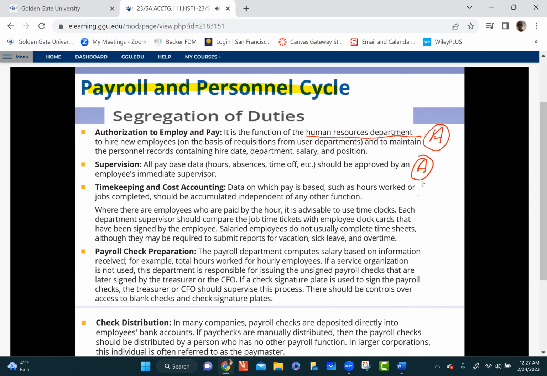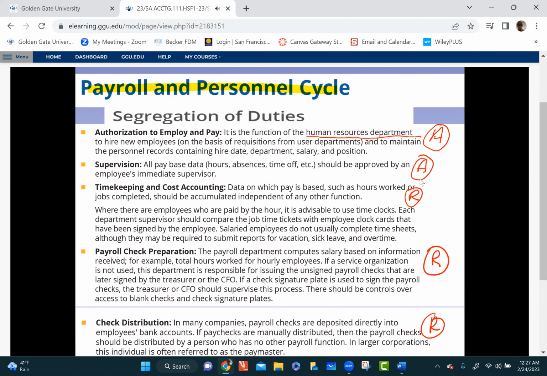Timekeeping and cost accounting are record keeping. Payroll check preparation is record keeping. And check distribution is record keeping. Now, auditing tends to talk about check distribution. These days, almost everyone's on direct deposit, so as we move through, I'll talk more about how to audit a direct deposit situation.